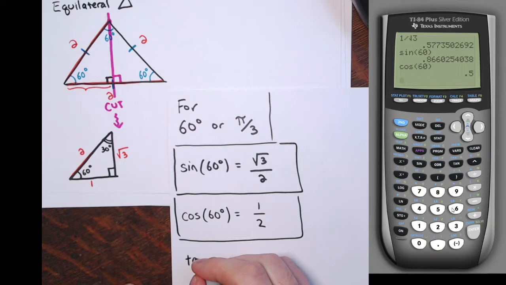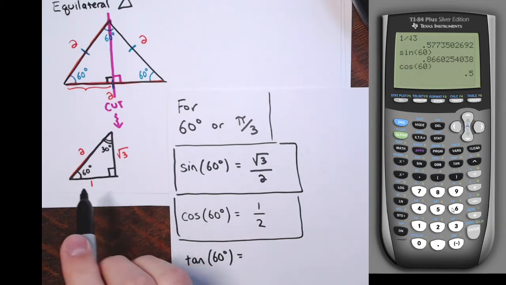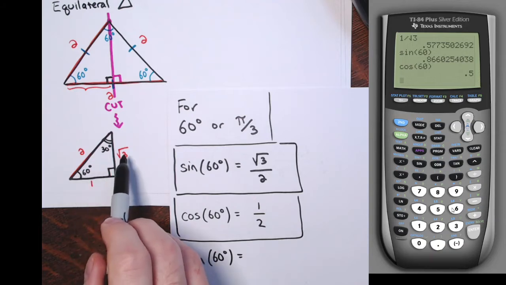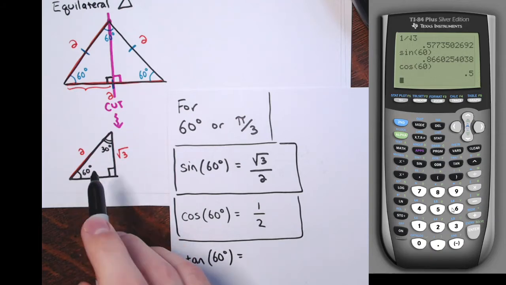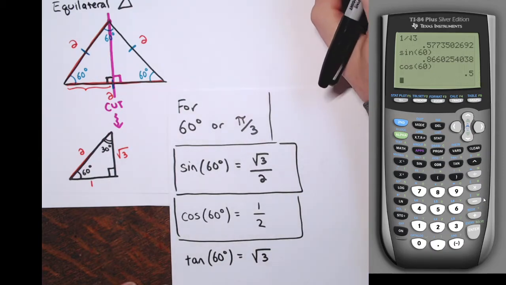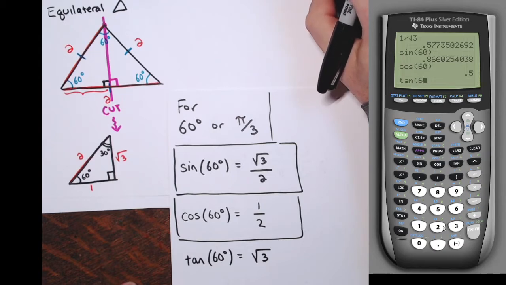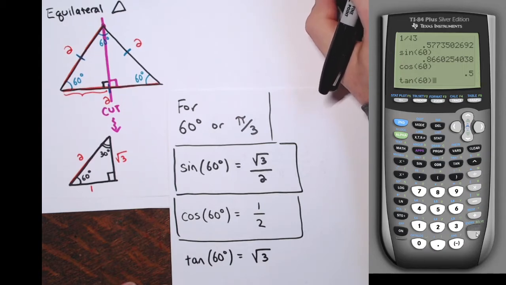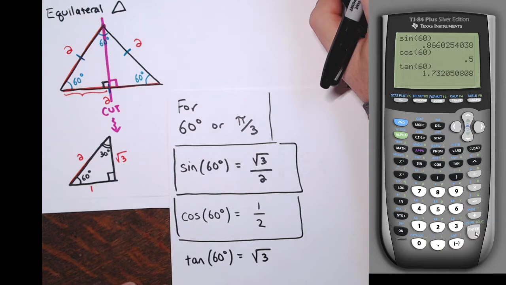And the tangent of 60 degrees: tangent of 60 is opposite, square root of 3, divided by adjacent, which is 1. The square root of 3 divided by 1, or just the square root of 3. All right. And let's double check that. What's the tangent of a 60-degree angle? See, it's 1.732 approximately.